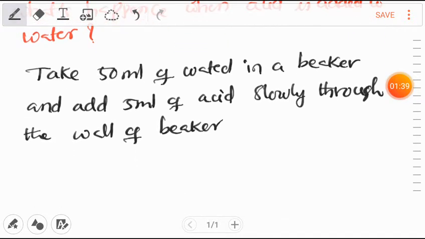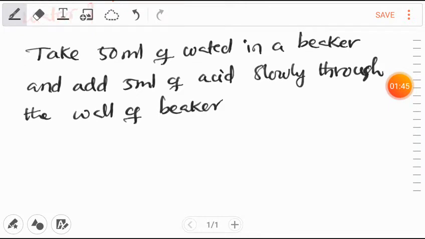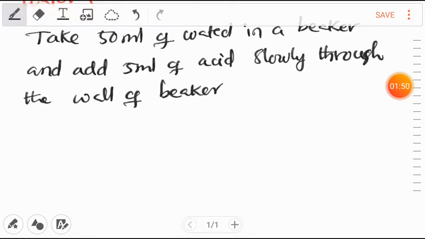Through the walls of the beaker, we're going to add slowly acid into water. Sorry. Then what will happen?